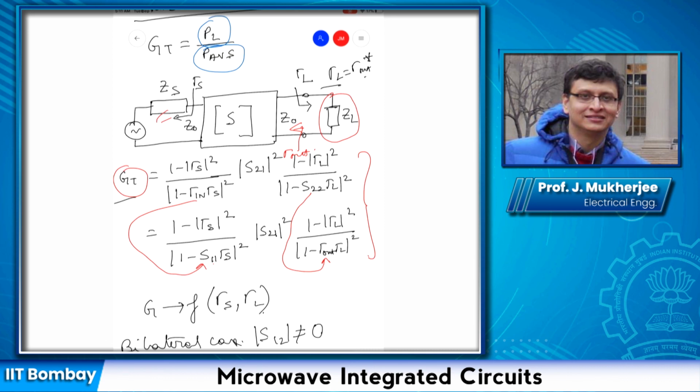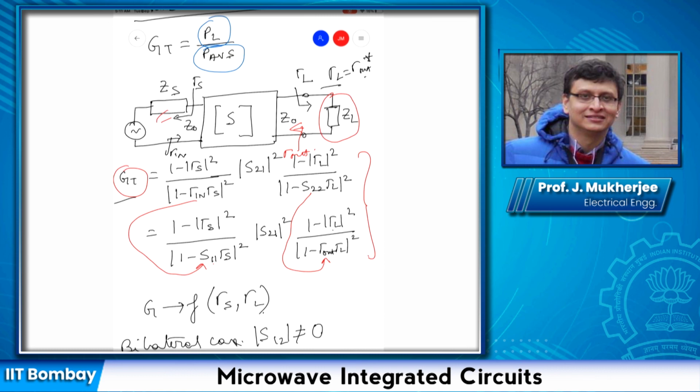Similarly, if I fix the value of gamma L to obtain a particular value of GT, then I find out gamma in and choose my gamma S equal to gamma in conjugate.